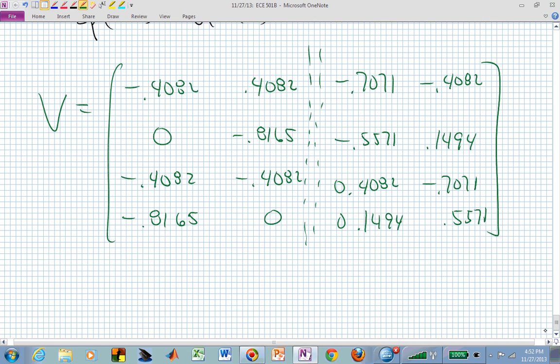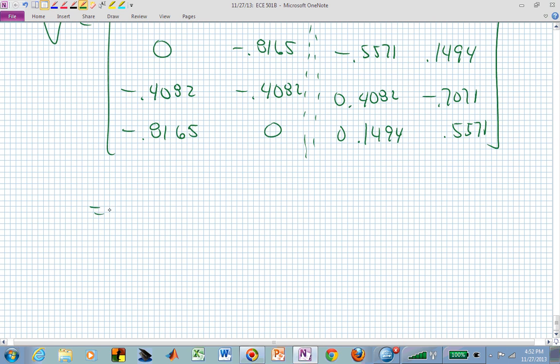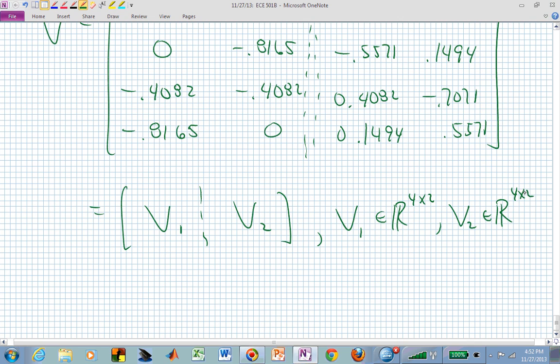It's not so important the numbers, but it's mainly the structure. I've now decomposed that into what I can call a V sub 1 and a V sub 2. V sub 1 is 4 by 2, that 2 being dependent on the number of non-zero singular values, and V sub 2 in this case is actually the same size as V sub 1.